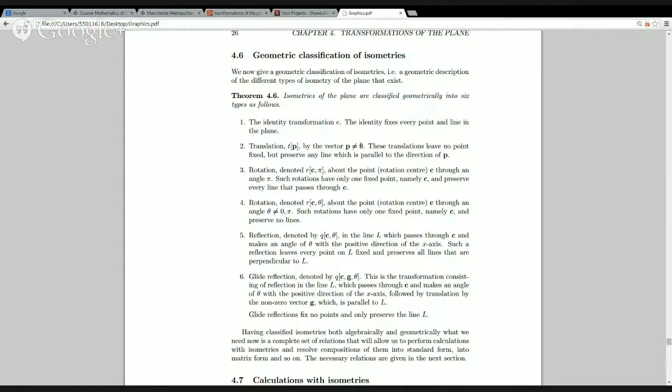Is this one here, which is the geometric classification of isometries. Has everybody got that diagram? Okay.